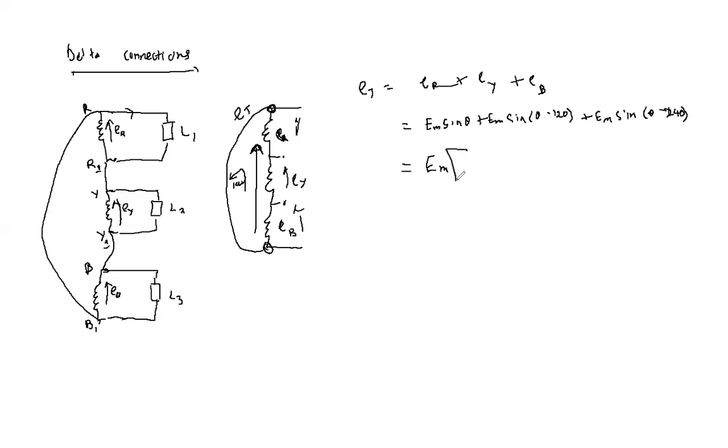So if I factor out EM, then I'm going to have a sine. Now here you must remember your trigonometric ratios.